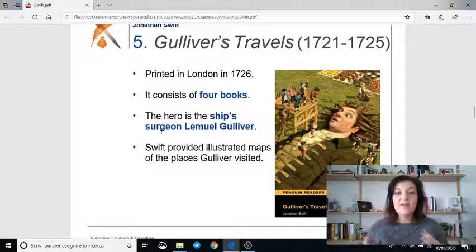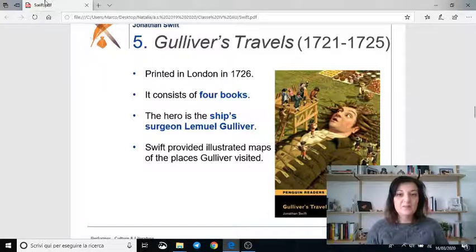And I was saying before the interruption that in order to make his account more realistic, more real-like, Swift provided illustrated maps of the places which Lemuel Gulliver visited. So he put in the first edition of his novel some illustrated maps of these places, which are of course not real. You will see why, completely invented.